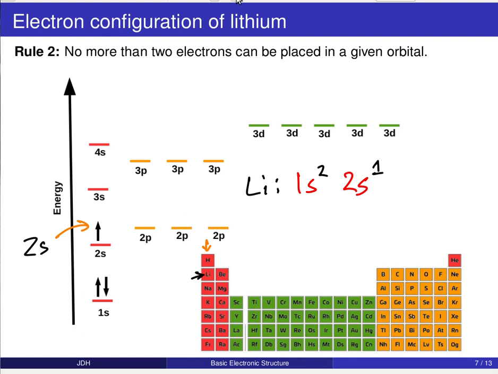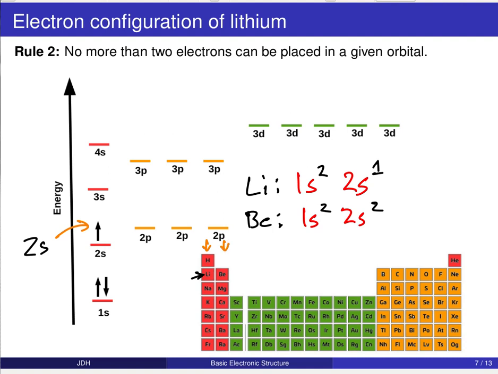Now, if we compare this to the electron configuration for beryllium, beryllium will have a 1s2 and a 2s2. So now we are putting 2 electrons in the s orbital, and now we're over here in this second column.